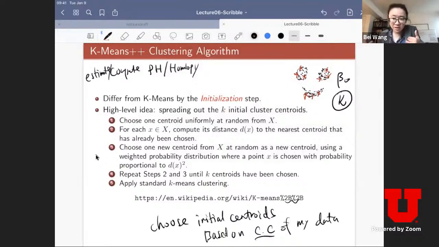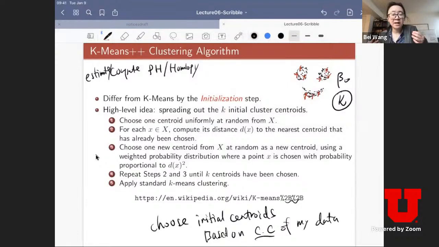But if I just want a quick exercise of how to inject a topological idea into this very classic clustering algorithm, if I can get a good initial sample of the data, I can use that to estimate what K is based on homological information. How many clusters do I have, right?